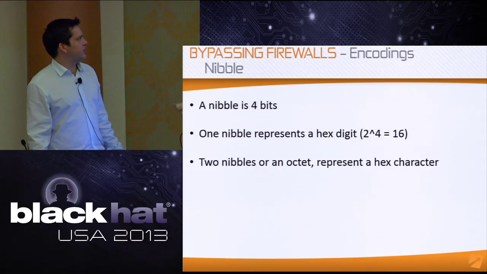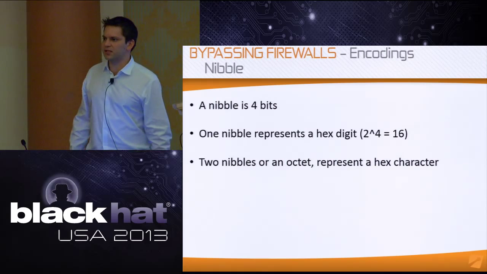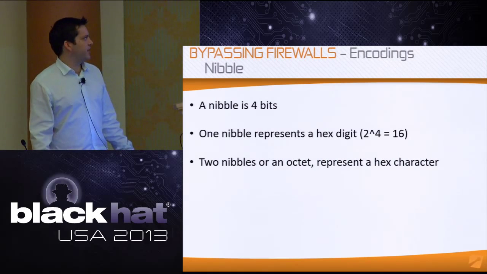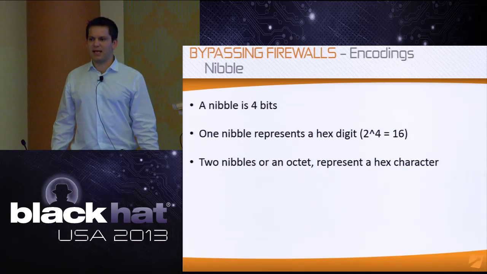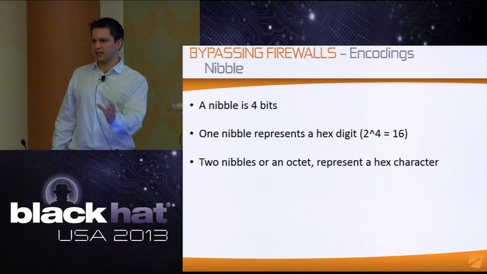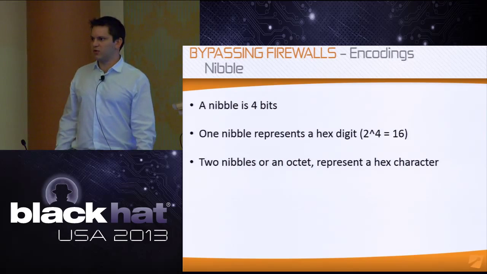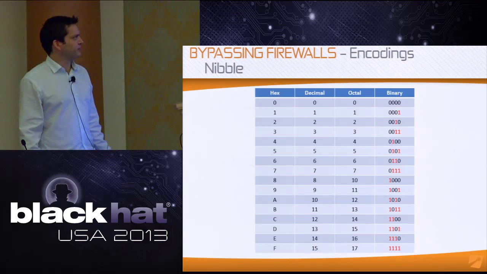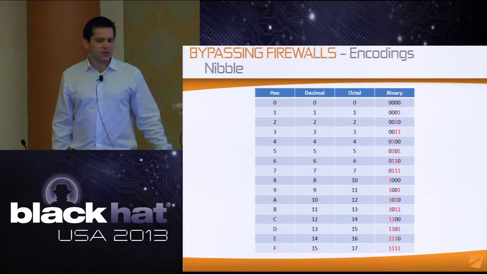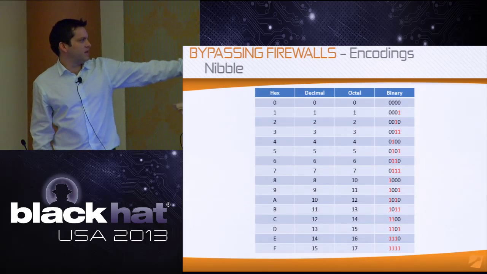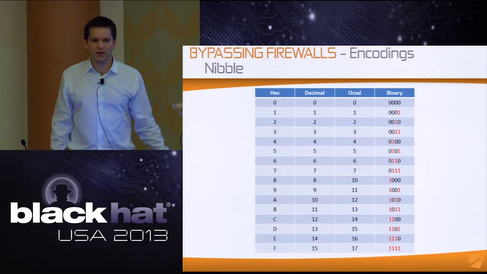Nibble encoding is another interesting one. A nibble is just 4 bits. Essentially, a nibble can represent any character in hex, and 2 nibbles form an octet. So there you can see how each character can be represented in a nibble, or 4 bits.